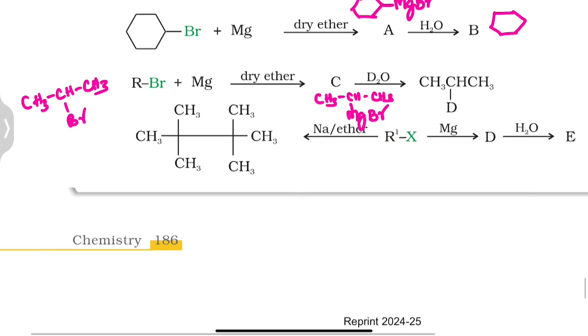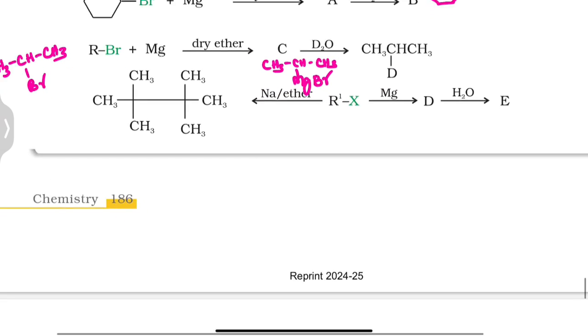Now once again go through this. CH3Br, when you treat with magnesium in dry ether, a bond between carbon and magnesium will be formed. Therefore you will be getting CH3MgBr. When you treat with D2O, this will be removed and in that place deuterium will be attached. So C will be this.